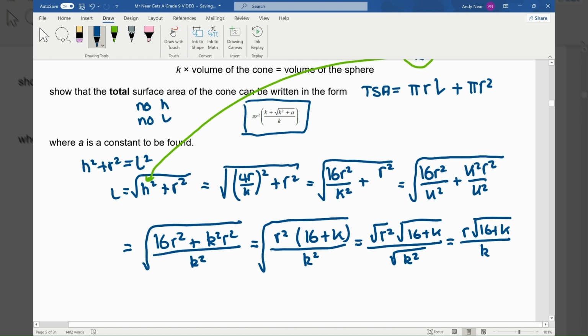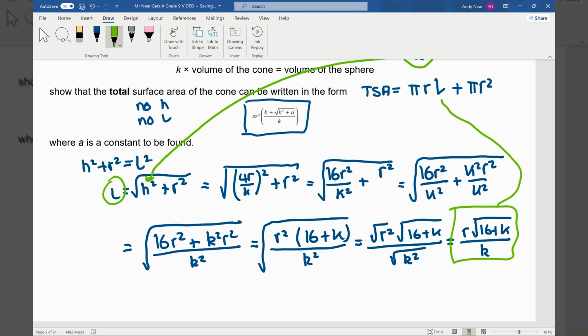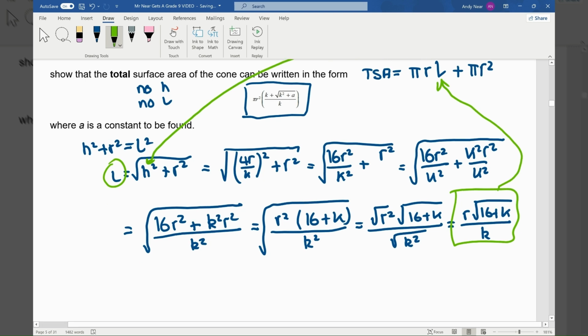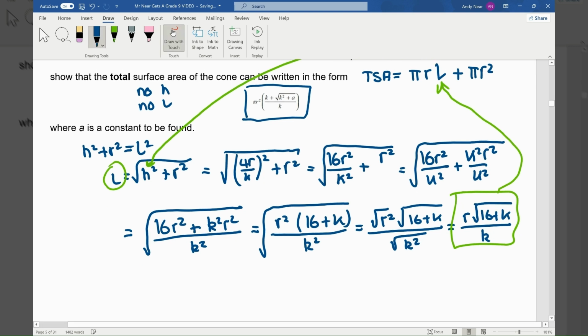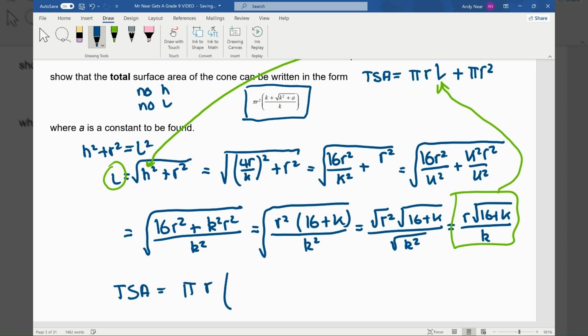So what I'm going to do now is, this is l, and I'm going to put l into here. So my rule for the total surface area is going to be pi r times l, which is r times the square root of 16 plus k squared, all over k, plus pi times r squared.